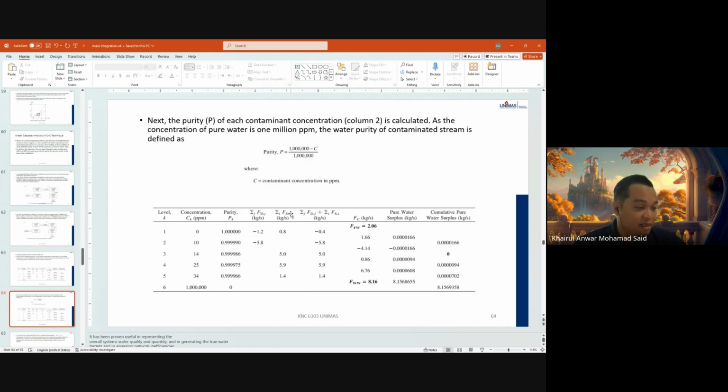So net interval flow rate here refers to demand plus source. So like this, minus 1.2 plus 0.8, negative 0.4, and so on.